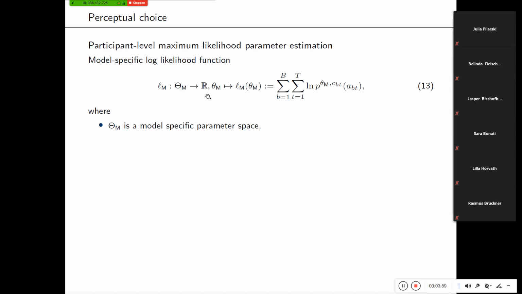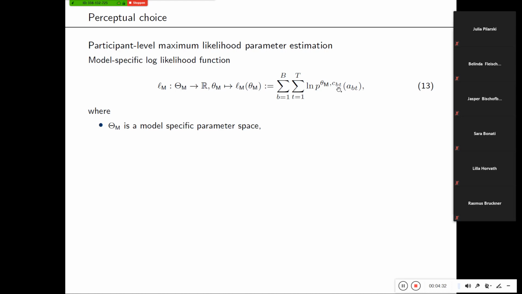Of course, we get a number that is our log likelihood, and what we look at in the likelihood function is the probability of our observations under a given model at a certain parameter setting and under our experimental constraints. Our experimental constraints in this experiment are these contrast differences.